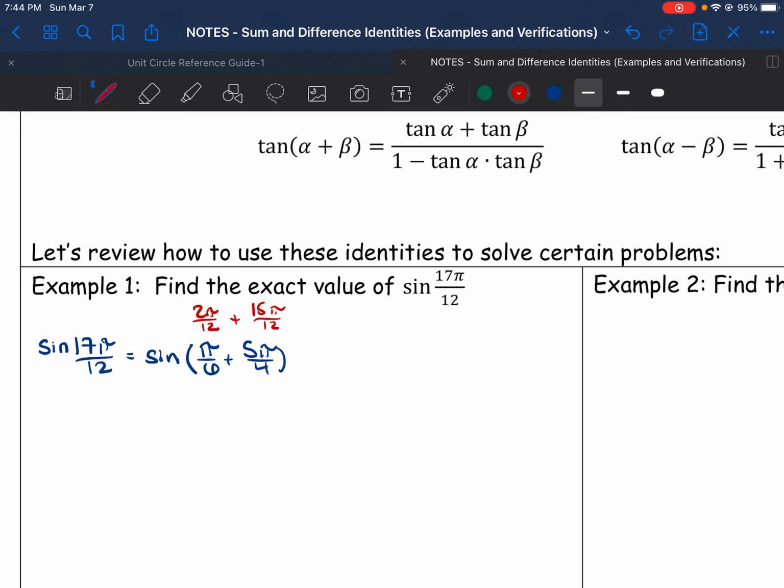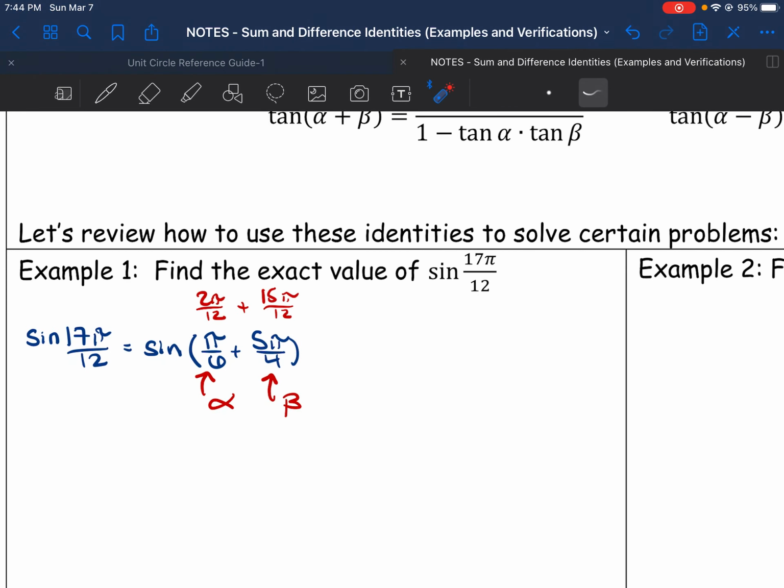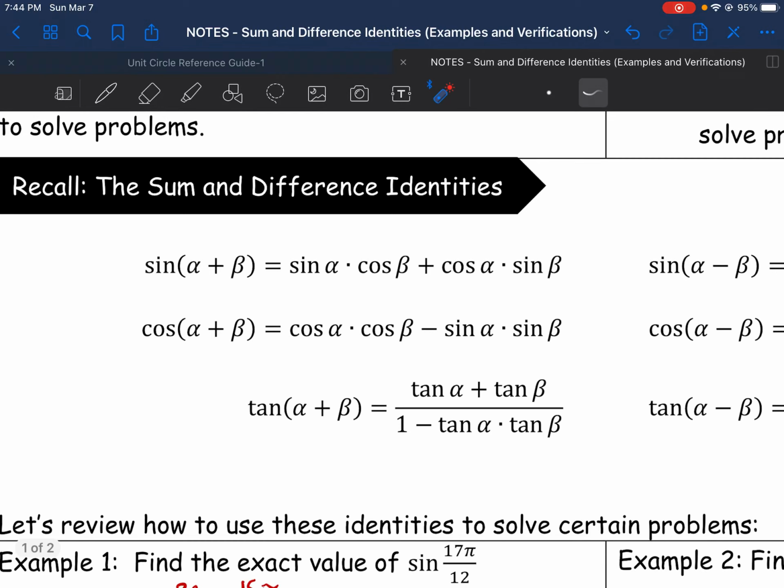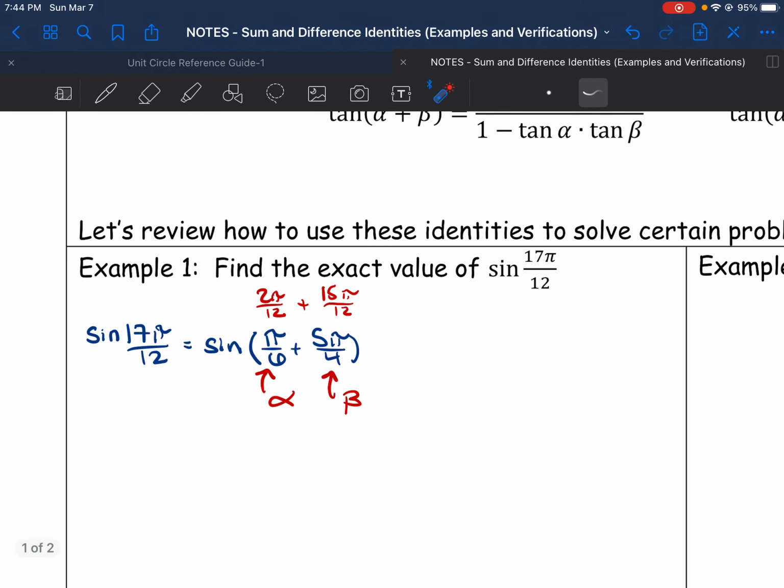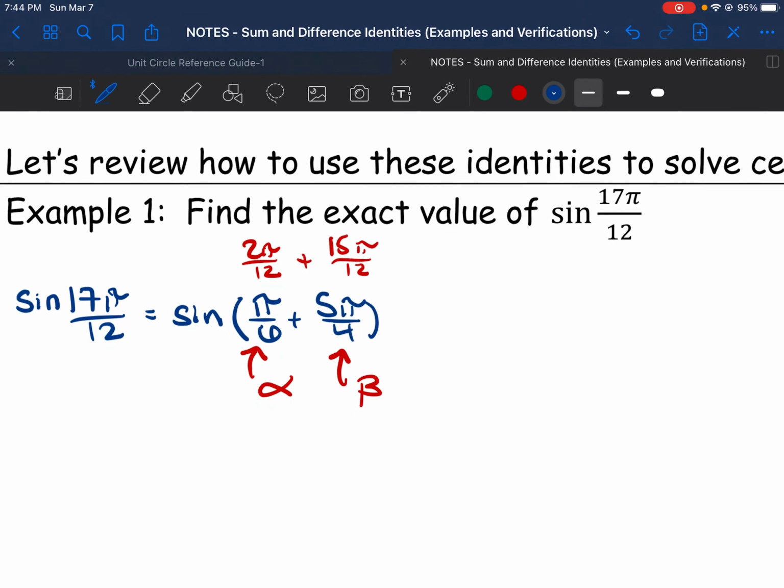So that means that pi over 6 is going to be our alpha, and 5 pi over 4 is going to be our beta. So let's now follow the addition formula for sine. The addition formula for sine says sine alpha times cosine beta plus cosine alpha times sine beta, where we already know what our alpha and beta are going to be. So let's just follow the formula.